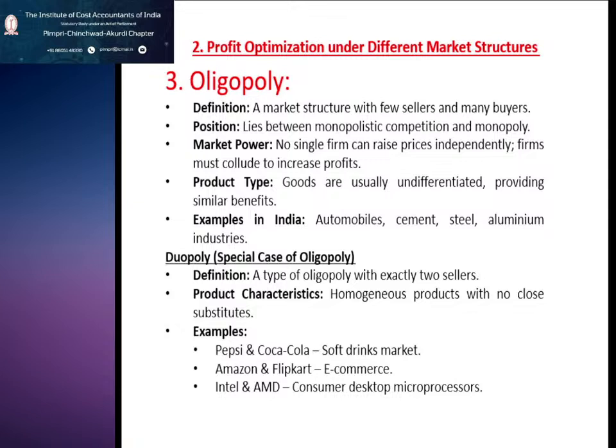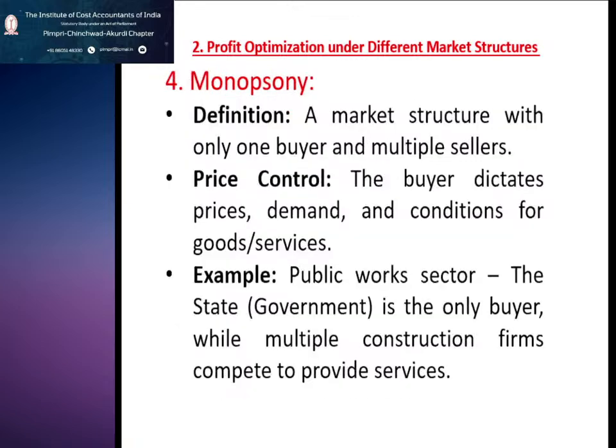Both are duopoly cases; they are in e-commerce, but have their own uniqueness in offerings. Another example is Intel and AMD, the typical consumer desktop microprocessors. Both are in the computer hardware industry, so Intel and AMD classically represent the duopoly market structure.